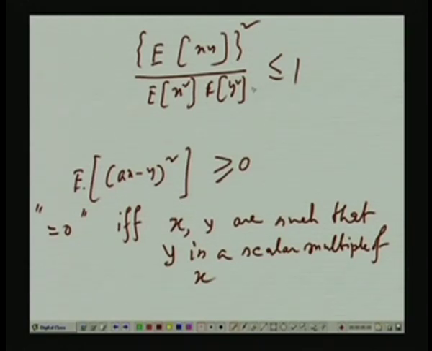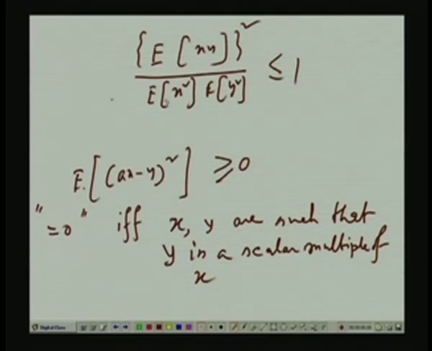Okay. Now, in the first case, when y is a scalar multiple of x, this becomes equal to 0. What happens in that case to this ratio? You can see this ratio becomes equal to 1, because y square means a square x square, so a square can go out.